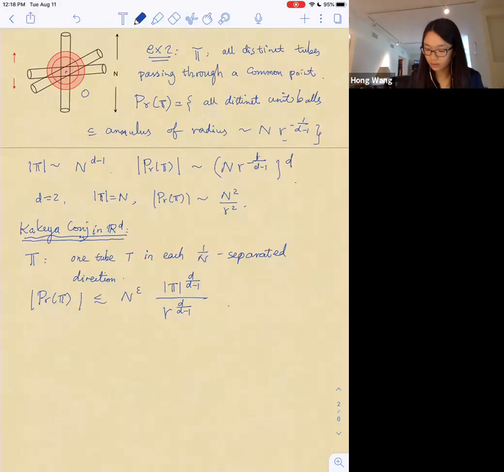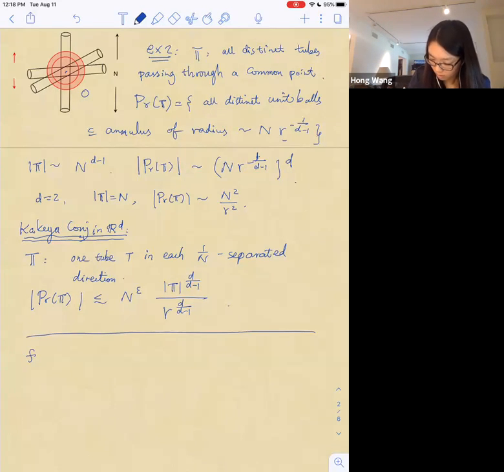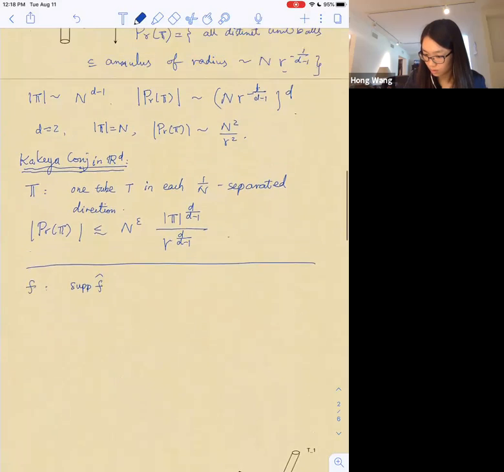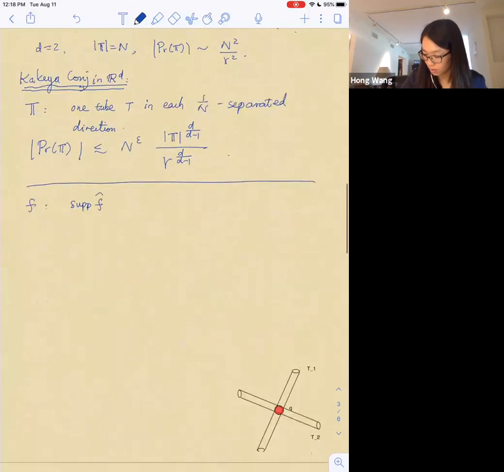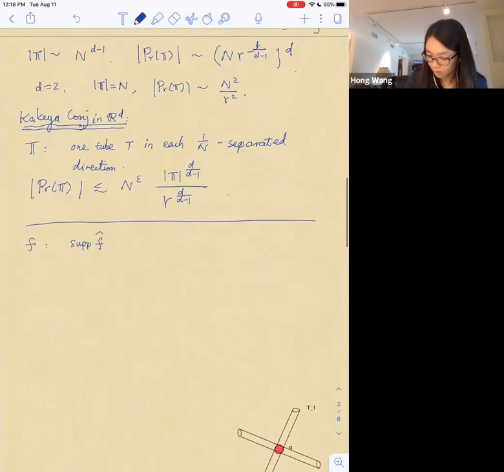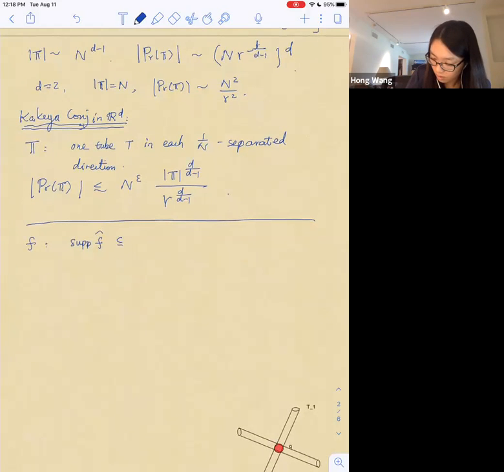In Fourier analysis, we ask the following question: let f be a function such that the support of the Fourier transform of f is on the truncated paraboloid.